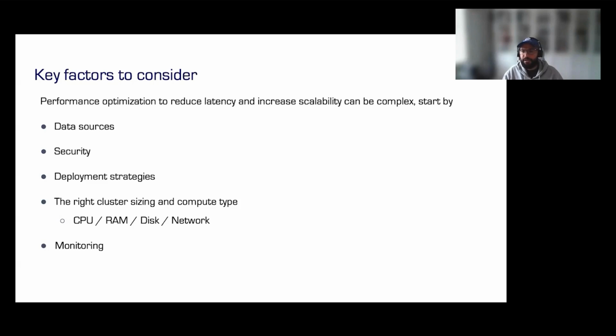As a rule of thumb, know your data sources. What are the data sources you will ingest? How are they evolving? What are the SLAs around your data sources? What is the volume? Is there any seasonality effect in the way the data is produced? Are you using an API?